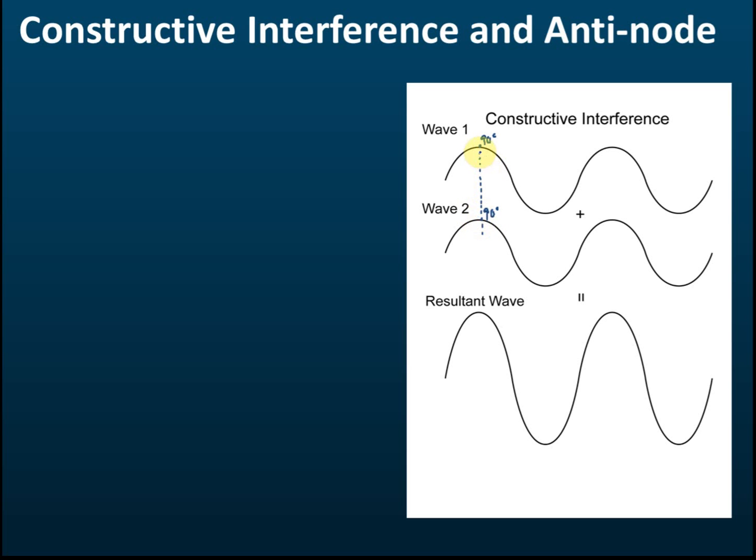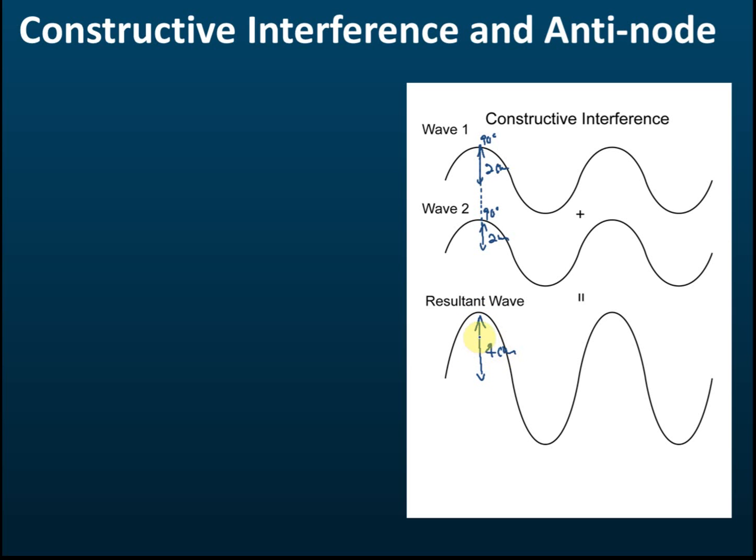Let's say the amplitude of this one is 2 cm, and this one is also 2 cm. When these two waves superpose with each other, they will produce a wave with amplitude 4 cm.